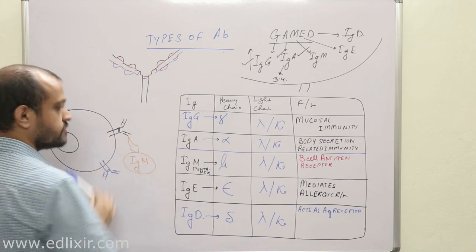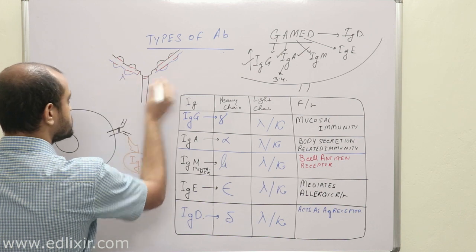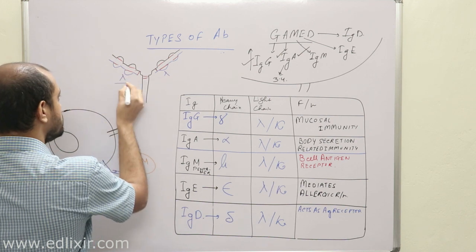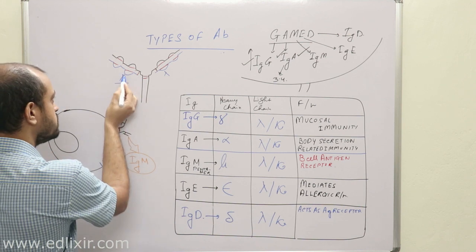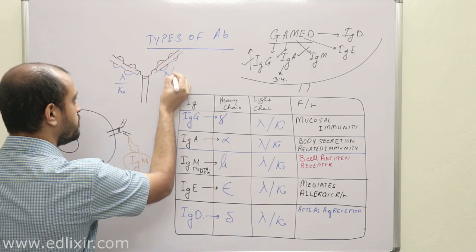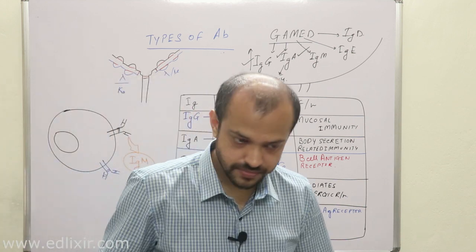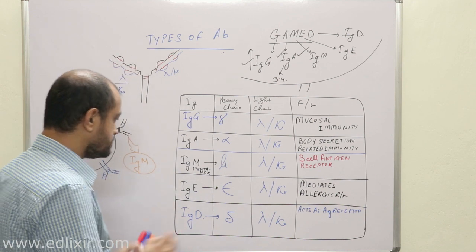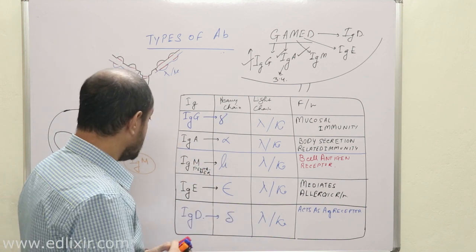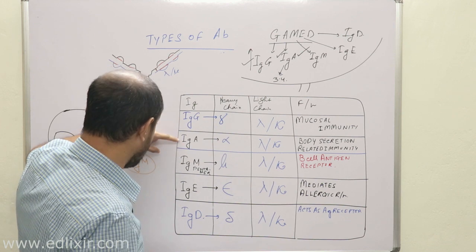Either these 2 light chains will be made up of lambda chain or they will be made up of kappa chain. But don't you ever think that one chain will be made up of lambda and the other of kappa. It will never happen, okay? Clear?